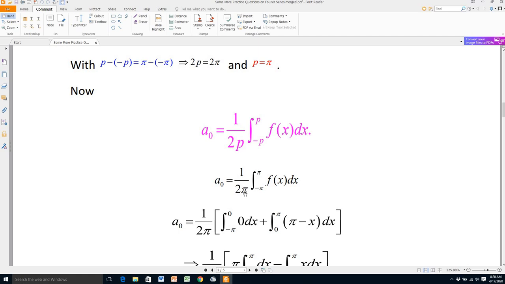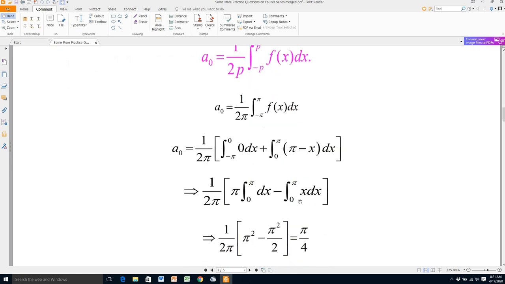So with p equal to pi, a naught is 1 over 2 pi times the integral from minus pi to pi of f of x dx. Now I split this integral over the intervals. First from minus pi to 0, where the value of the function is 0, plus from 0 to pi, where the function is pi minus x.